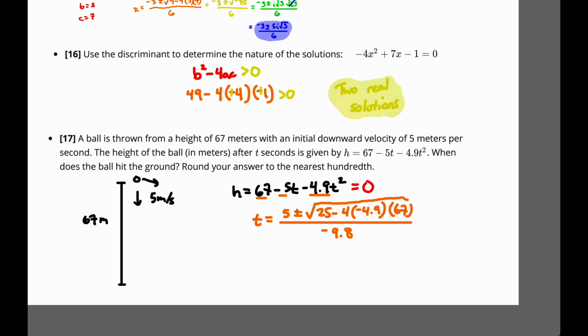Okay, something like that. And then I'm going to throw this in my calculator because it says round to the nearest hundredth. There's no sense in trying to simplify all this because it's going to be an absolute nightmare. All right, so it's going to be 5. I'm going to do the plus version first.